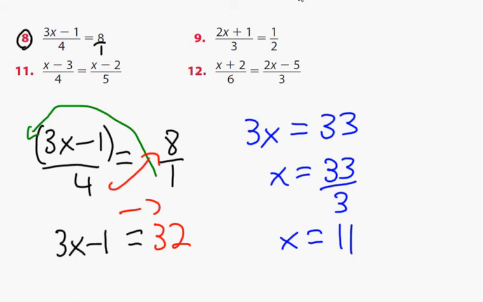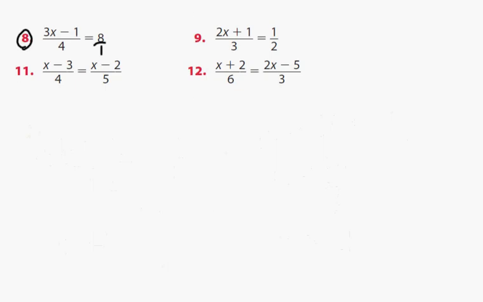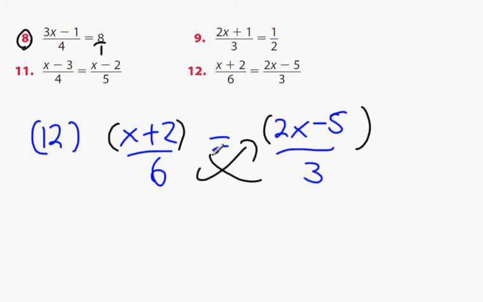Let's try another one. Number 12. Now, for number 12, what we've got to do is (x plus 2) over 6 equals (2x minus 5) over 3. We do what we did last time, cross multiply. Now what happens when we cross multiply? What's 3 times x plus 2? 6 times 2x minus 5?